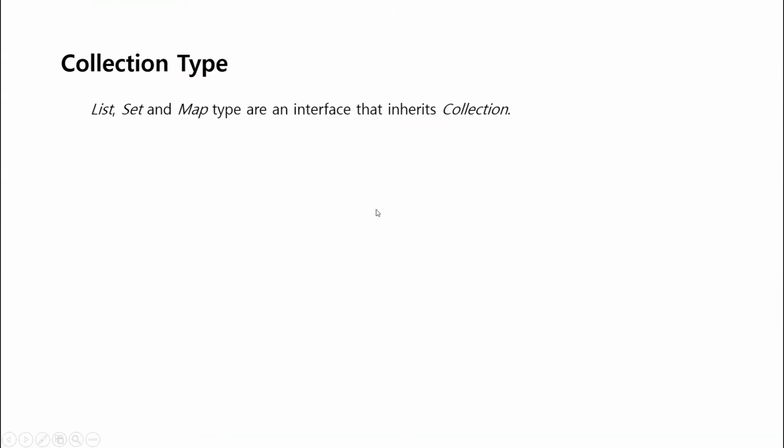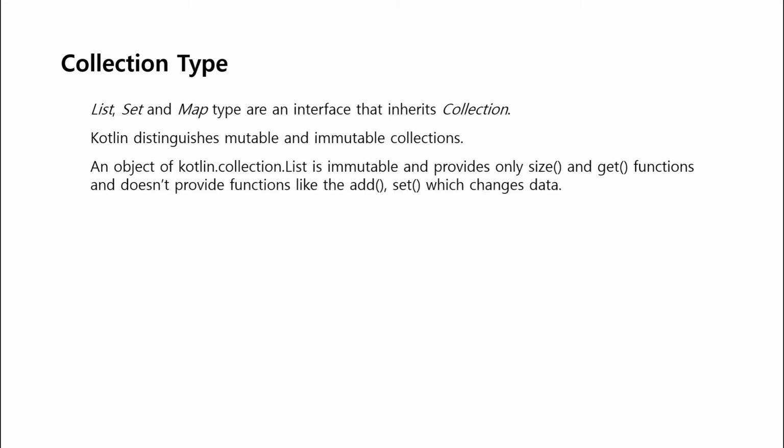As well as array, there are more collection types like list, set, and map, which inherit the Collection interface. Collections are divided into mutable and immutable. Mutable collections have add, set, as well as a size property and a get function.